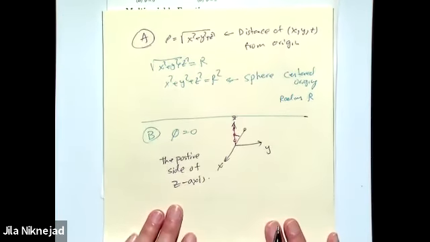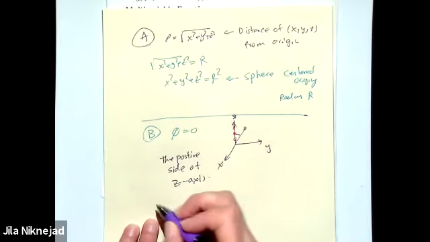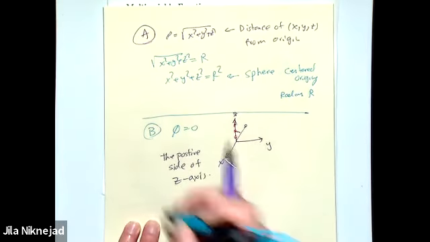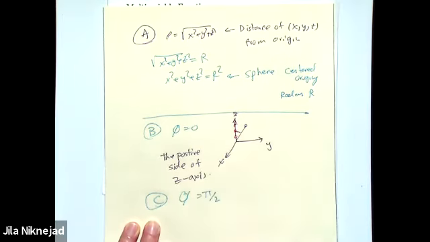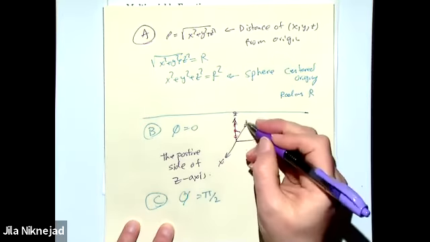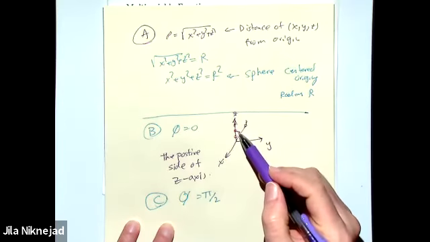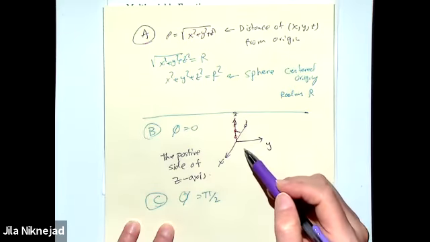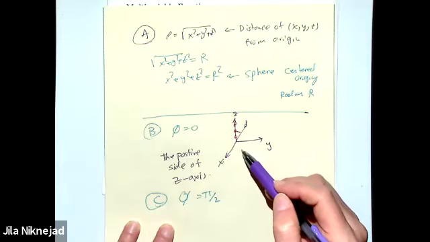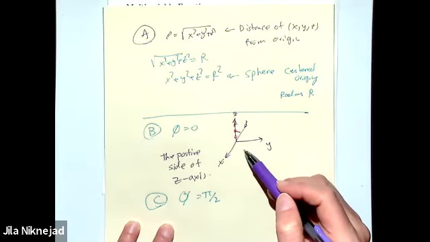I'm going to do one more. C says phi equal to pi half. Okay. So that's the position vector P. This is not pi half. I have to go down, go down, go down, and stand on the XY plane.